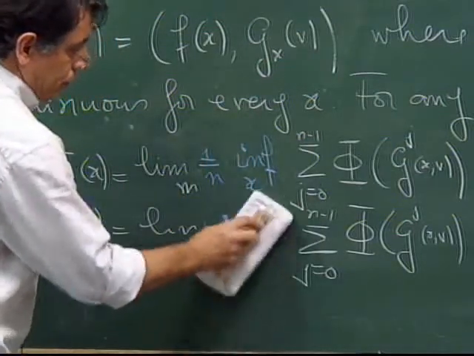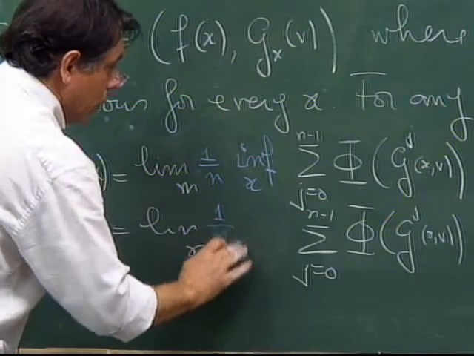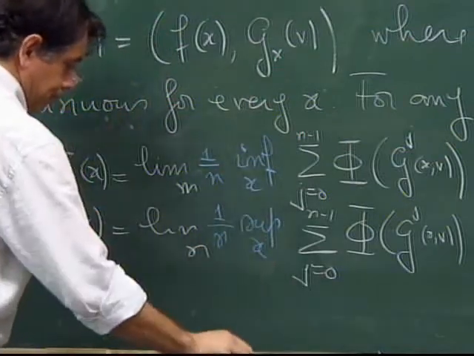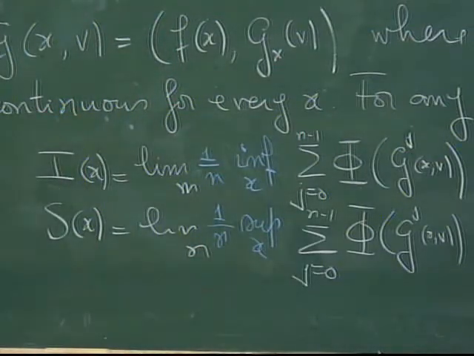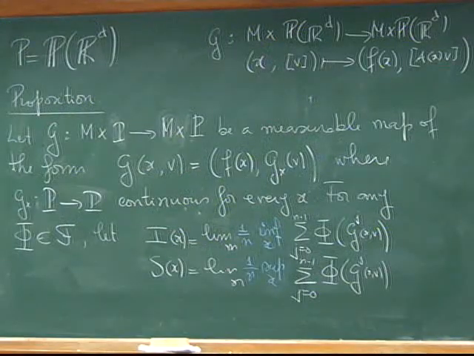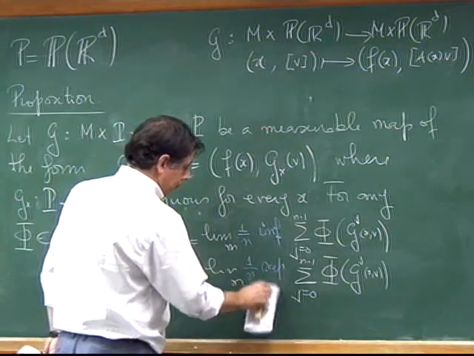And here I want to write limit 1 over n, supremum over v of this. Not over x, over v. Thank you.